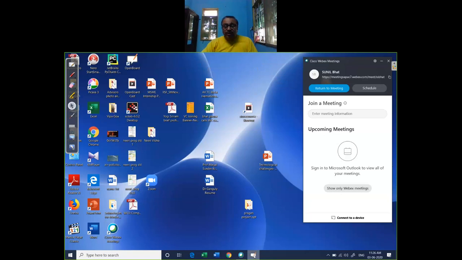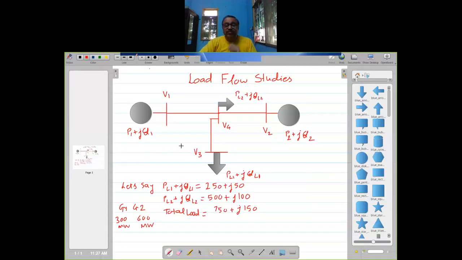So I am taking a very small system, which is just a 3-bus system. This is one generator which is here supplying the power P1 plus jQ1. This is another generator in the system supplying power P2 plus jQ2.